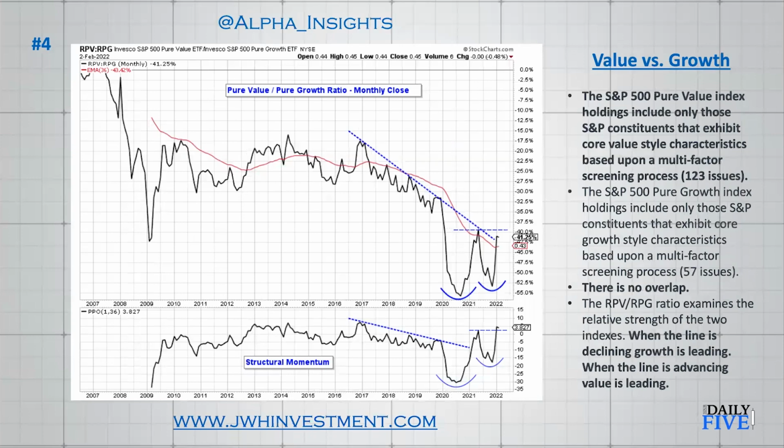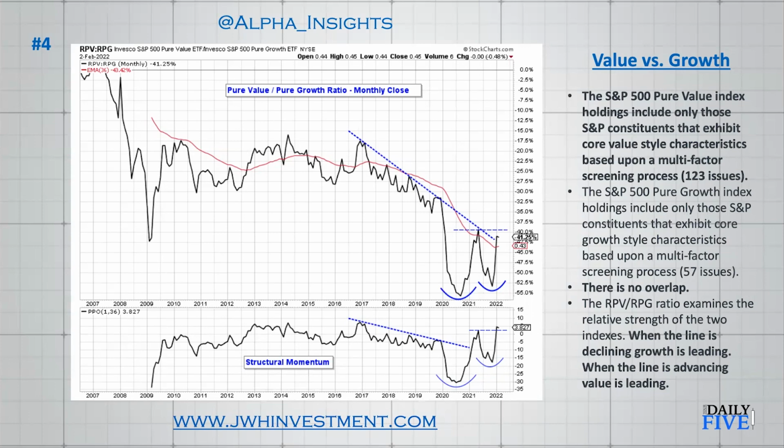And what we're looking at here is a ratio of the pure value to pure growth indexes. Now, the S&P's pure value index includes holdings that are exhibiting core value style characteristics based upon a multi-factor screening process. There's only 123 issues in the value index.